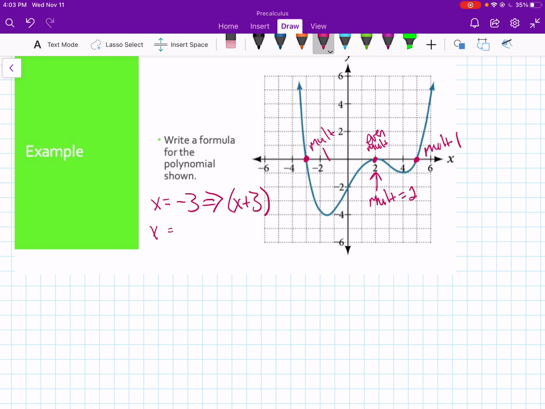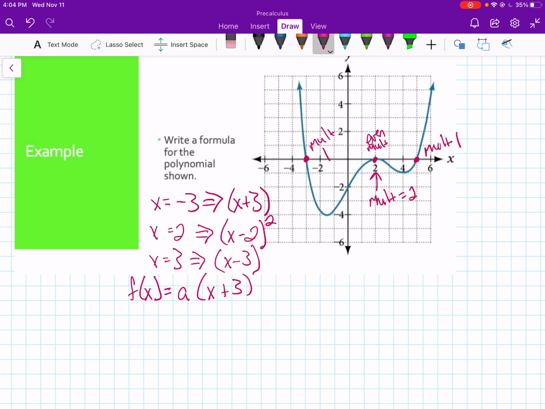Same thing for x equals 2, that gives us the factor x minus 2, and I'm going to have that squared because it's an even multiplicity. And x equals 3 gives us the factor x minus 3. So right now we're at the function f of x equals some number a times x plus 3 times x minus 2 squared times x minus 3.